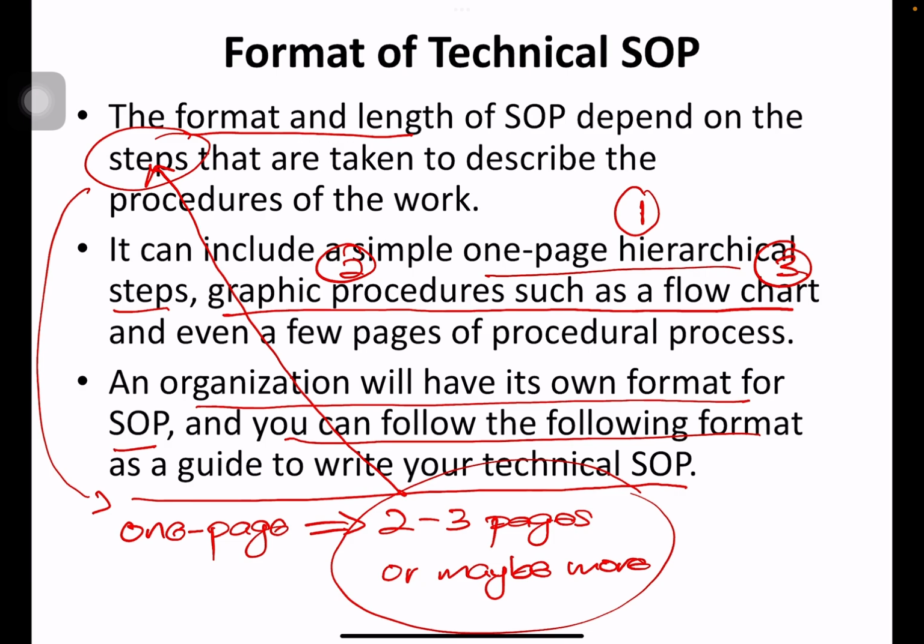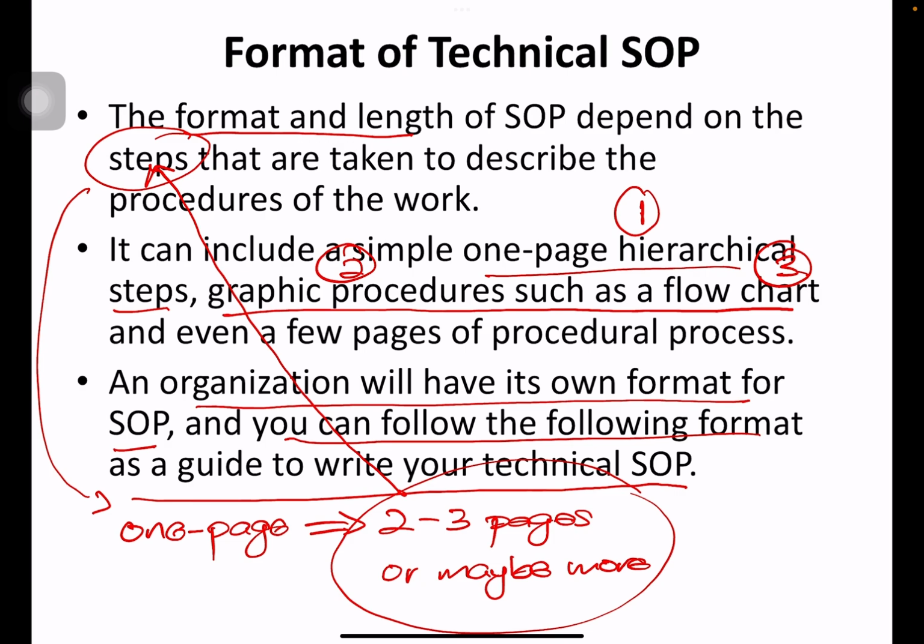So just to share with you, we had a discussion with people from the industry before, and one of them was from Mercedes-Benz Pekan. The representative shared with us the template of the standard operating procedure at the workplace. So the template will be different, so it is not a surprise, just to let you know.